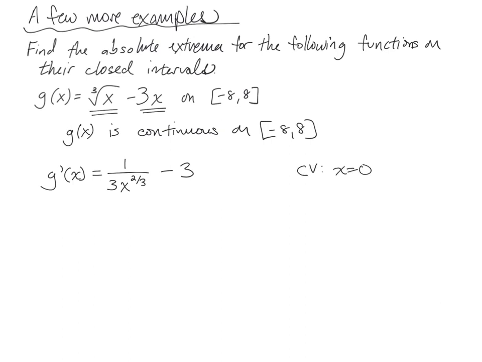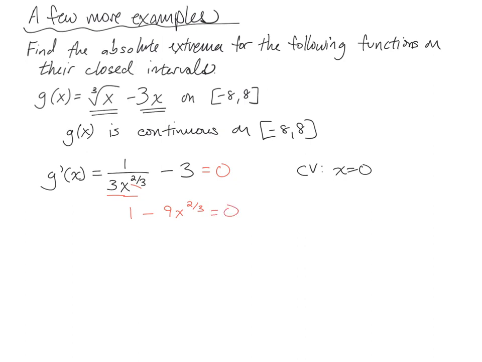And if you set the derivative equal to 0, I'm going to multiply everything by 3x to the 2/3 power, so I can get rid of the fraction. So I will have 1 minus 9x to the 2/3 power equals 0.